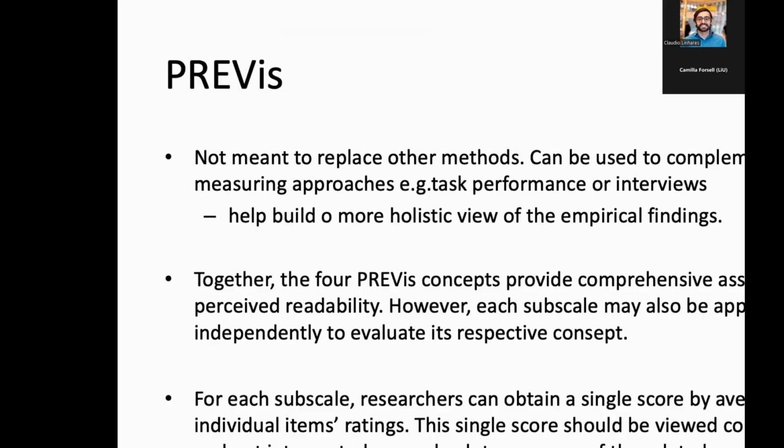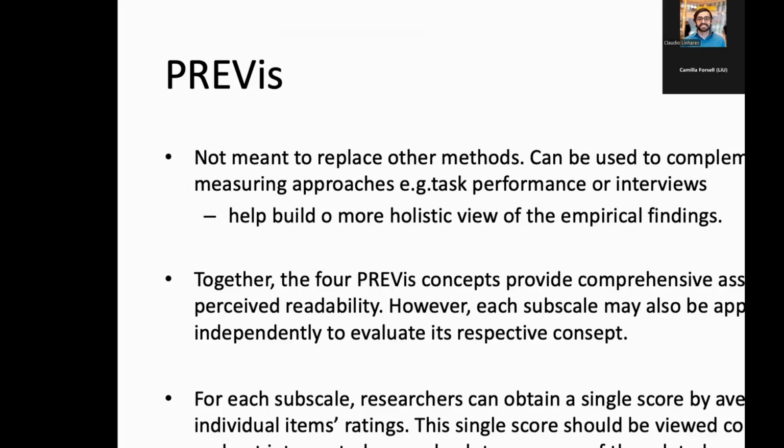Here they say that you can use all of the scales to get a holistic view of your visualization, but you can also choose to just use 1 or 2 of the subscales as well. You will calculate a single score by averaging the individual item ratings, yeah?